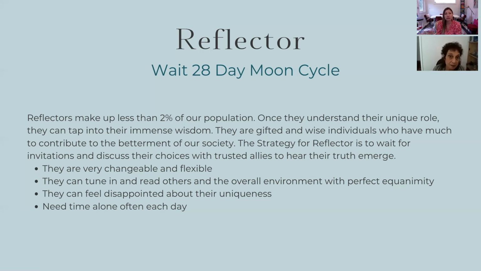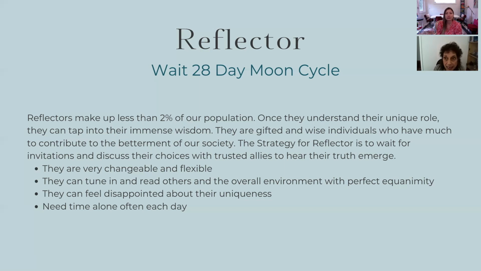When I say trusted allies, I mean people that won't solve any of their problems or answer their questions for them until the right time, to really let them explore if this invitation or this relationship or this situation is really going to be in alignment with them.